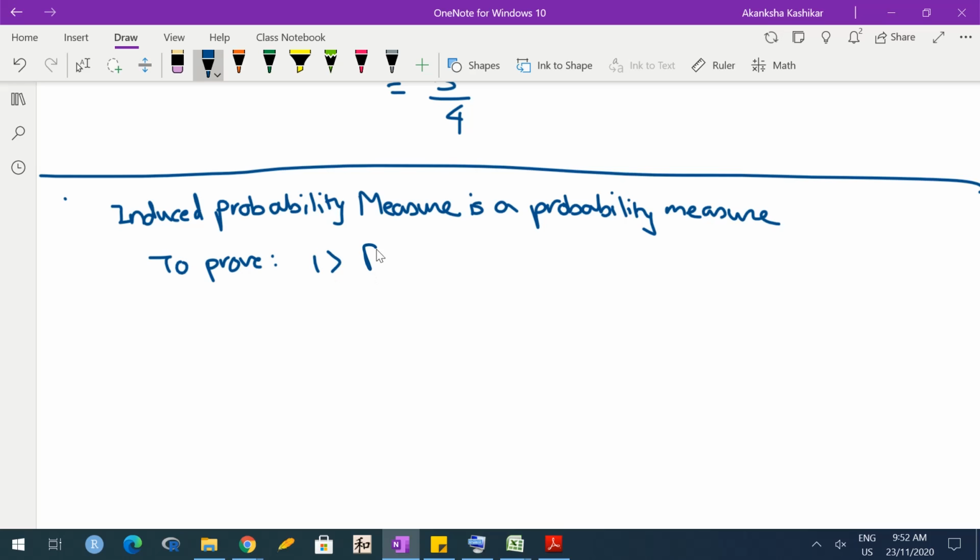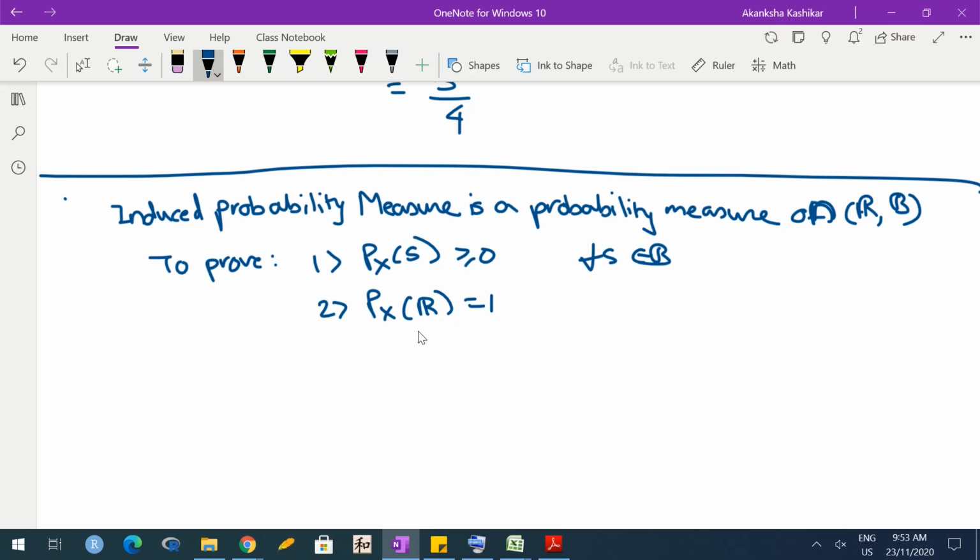We need to prove Px is a probability measure on (R, B). So Px(B) is greater than or equal to 0 for every B. Second is Px of entire R should be 1.